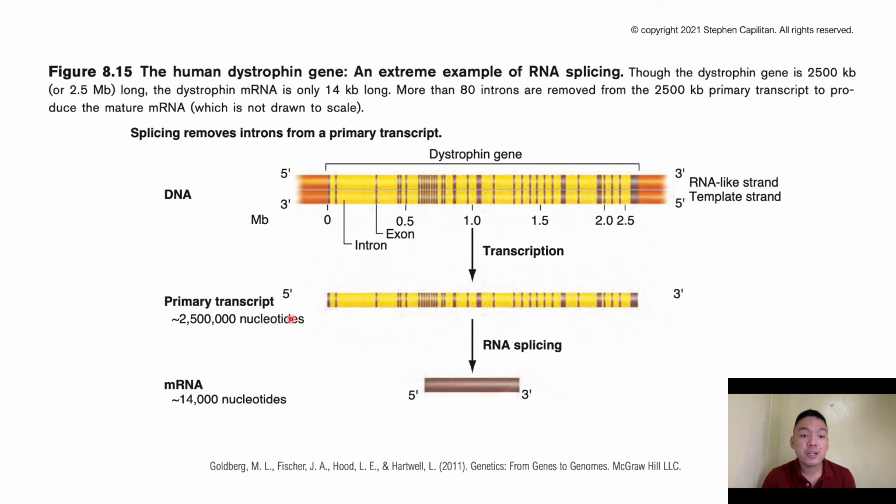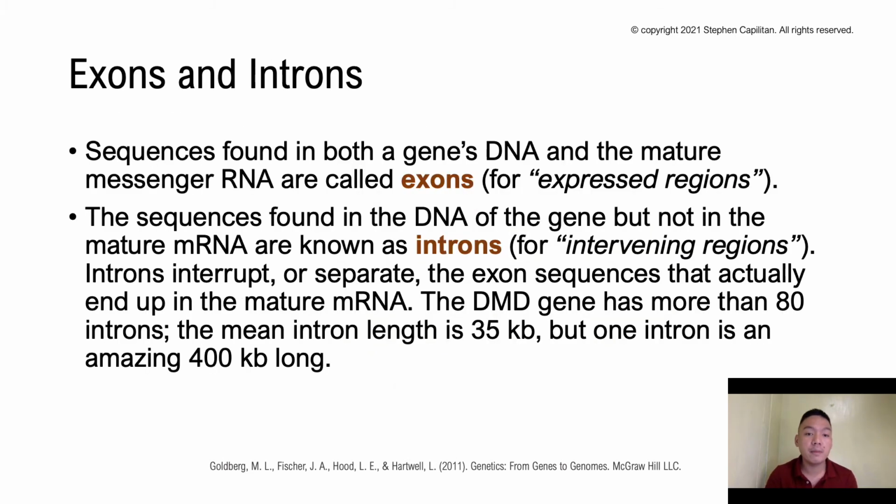The primary transcript has 2,500,000 nucleotides, and after RNA splicing the mRNA has more or less 14,000 nucleotides, so that's a big chunk being removed. The introns have been removed from the primary transcript to give your mRNA.